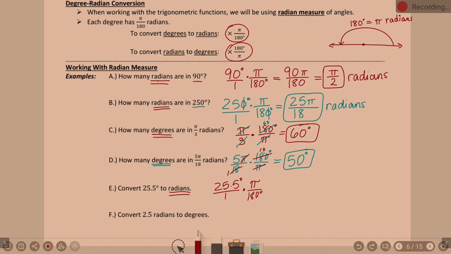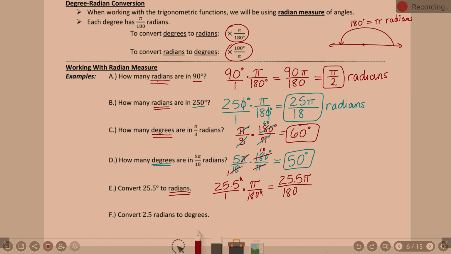Now, we have a decimal here, don't we? For this one, to get us started, I'm just going to put this as one fraction. If I put this as one fraction as is, 25.5 times pi, I can rewrite as 25.5 pi over 1 times 180, which is 180.